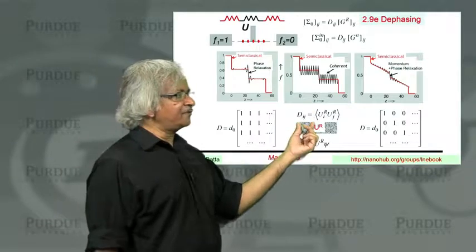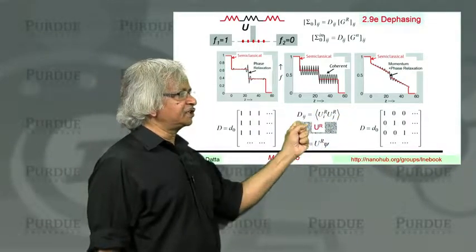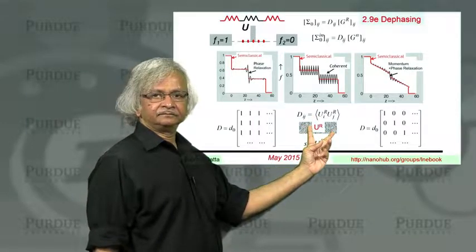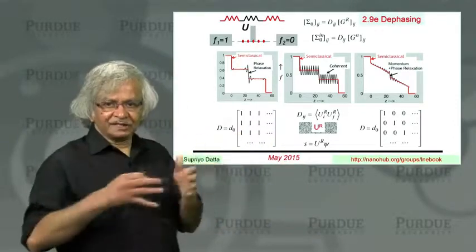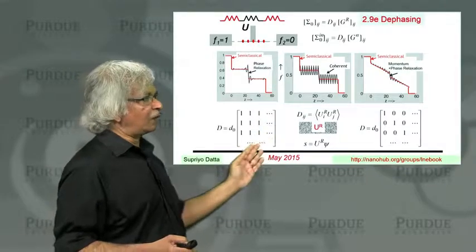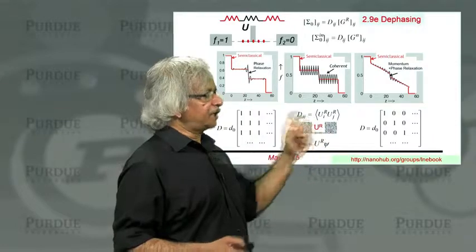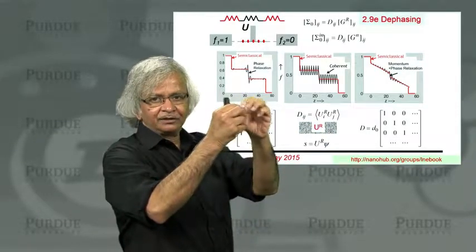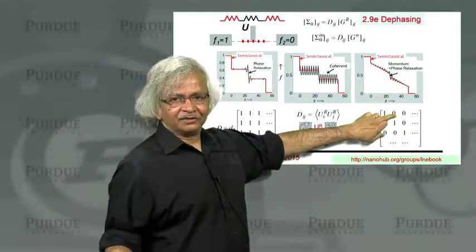And what is this D matrix? Well, it is basically the average value of the potential at location i and the potential at location j. Previously we were assuming that it was basically the same potential everywhere, which is why all these elements were 1. Now we are assuming that the potential at any point is totally uncorrelated with the potential at the next point and the next, which is why any off-diagonal element is 0.